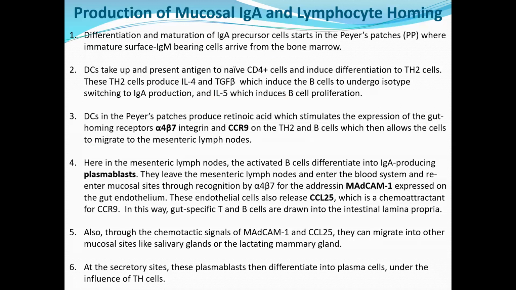Okay, when they encounter antigen and through T cell signaling switch from IgM to the production of IgA, these activated B cells will then pass into the circulating lymph to the mesenteric lymph nodes.